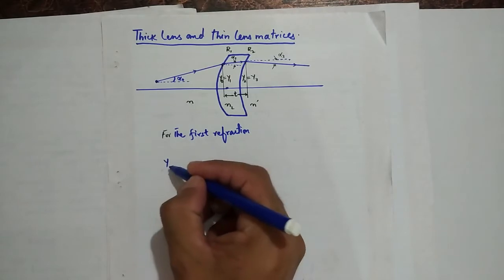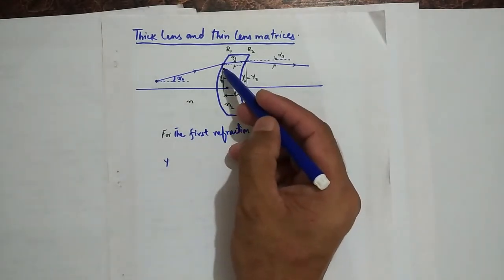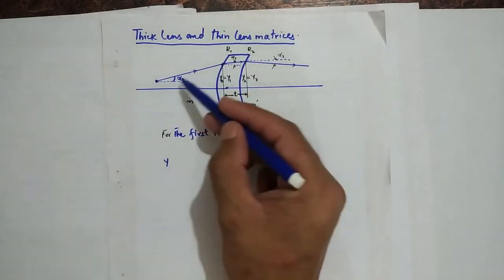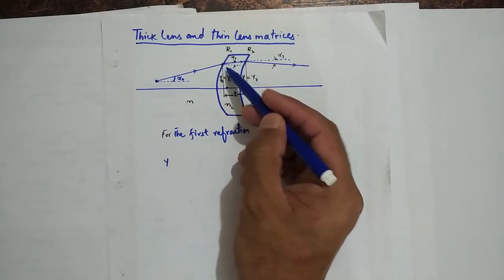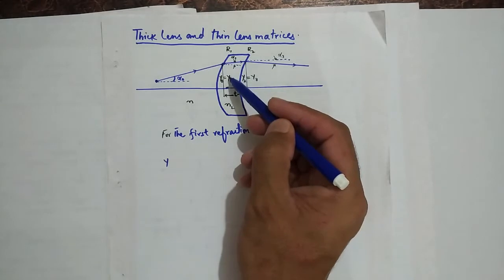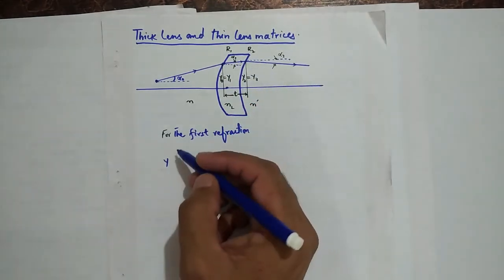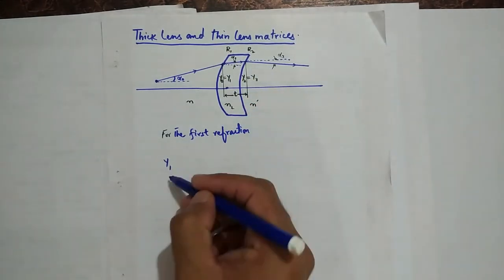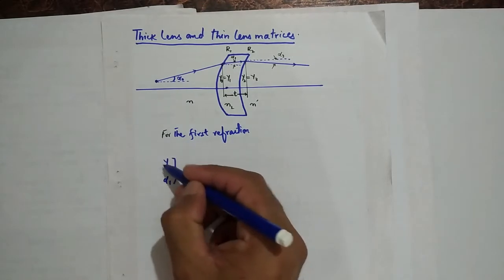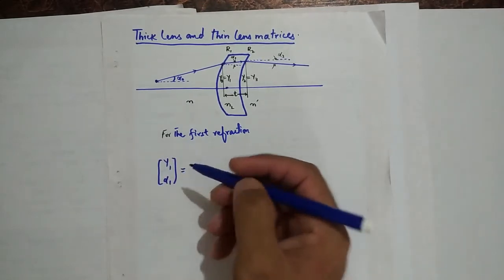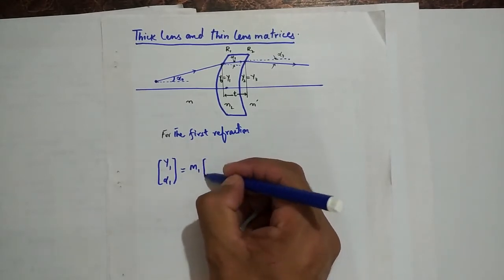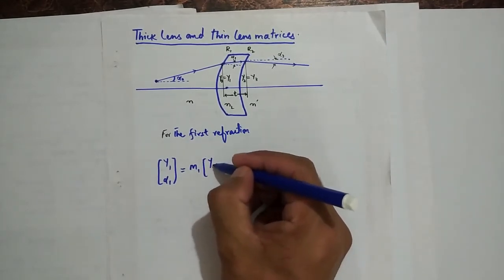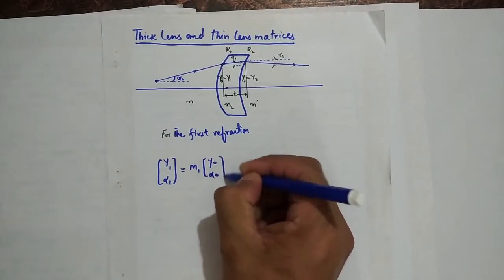This is y1, because at this point the initial coordinates were y0 and alpha 0, and after refracting from the first interface the coordinates are now y1 and alpha 1. So y1 alpha 1 we are writing in matrix form. This is M1 times y0 alpha 0.